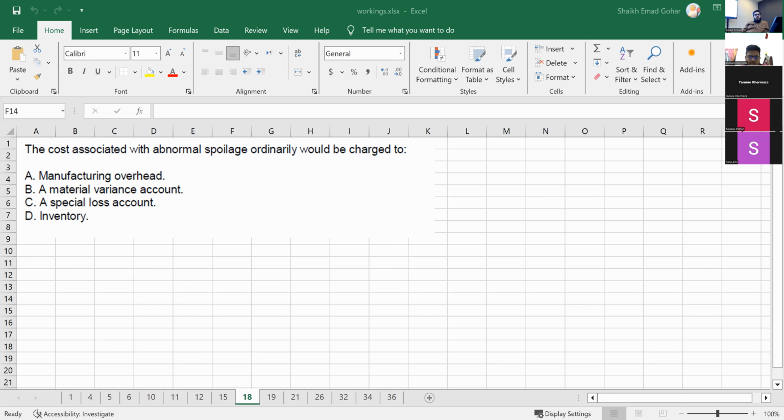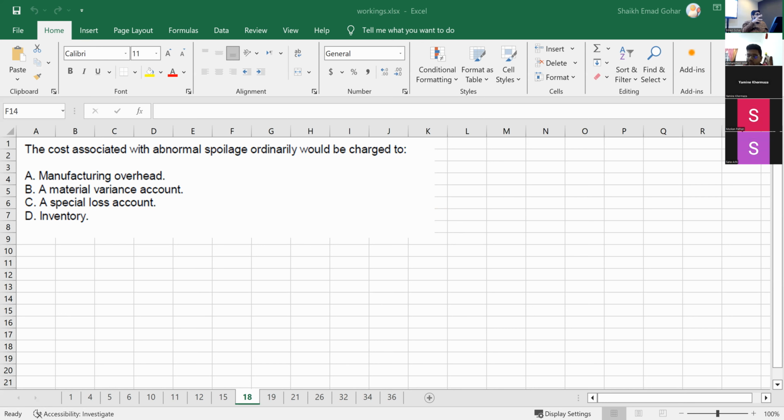So remember abnormal loss we studied in process costing. I told you we cannot charge it to the customer because that is our inefficiency. So we should charge it to the income statement, right? Separately you should show it. You should not include it with other items to hide it.